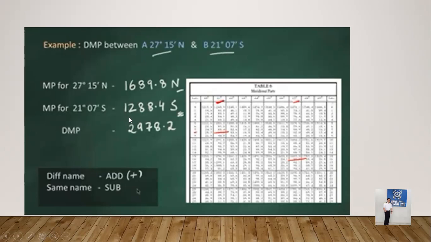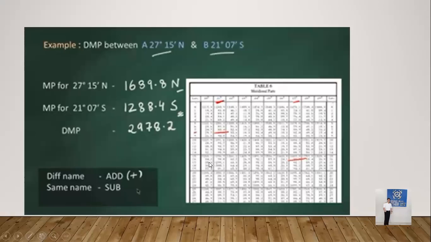We get the meridional part as 1288.4 south. The rule is, if it's a different name, you have to add. If it's the same, you have to subtract, because it's the difference of meridional parts. Since they are of different names, we have to add. Its DMP is 2978.2.